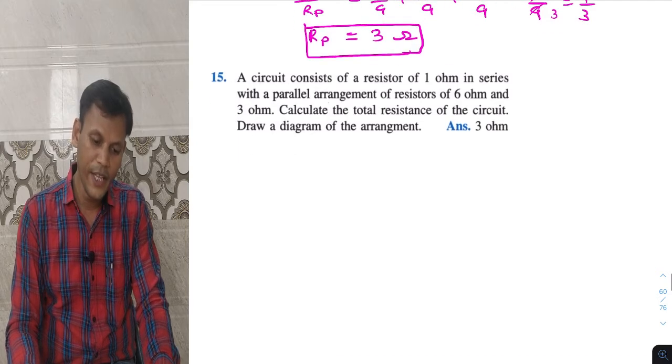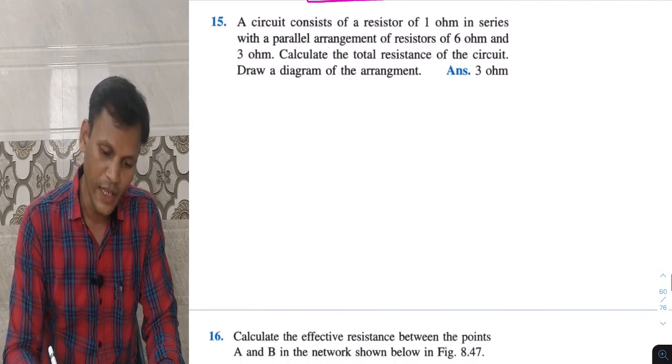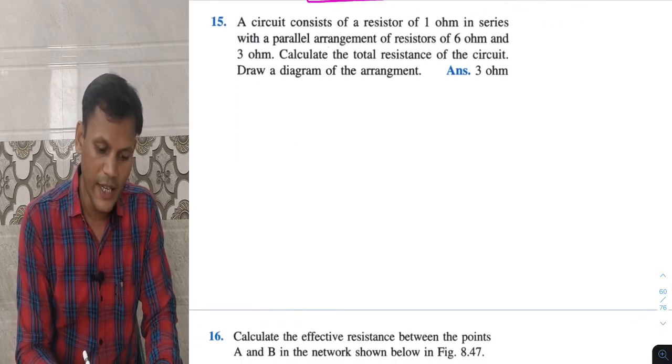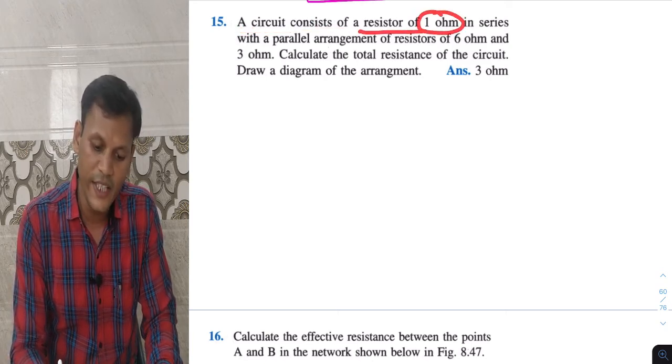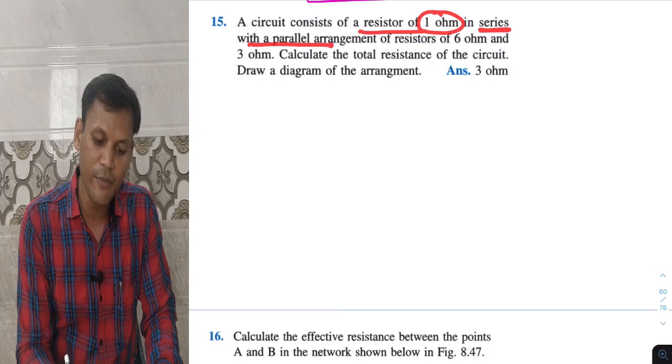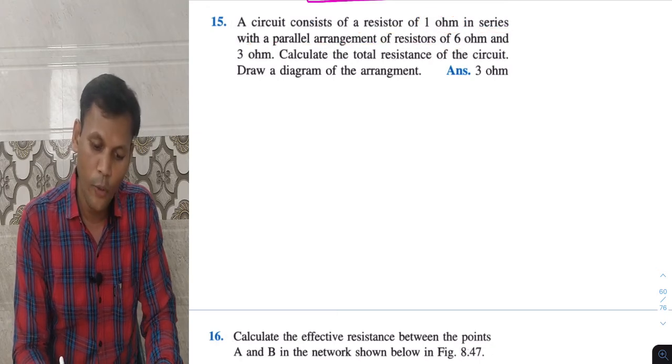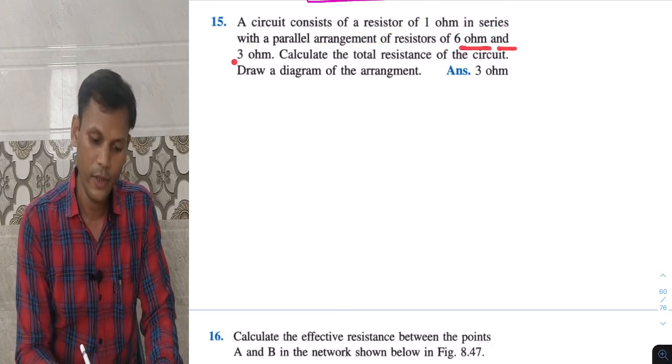Now question number 15, as we can see, a circuit consists of resistance of 1 ohm in series with the parallel arrangement of 6 ohm and 3 ohm.